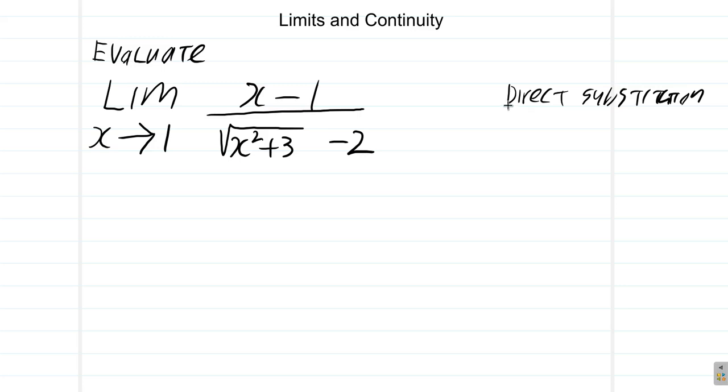Now, if that fails, we can look at any quadratic expressions that we could factorize then cancel. If that cannot work, there are other things we could do. We could divide both numerator and denominator by the highest power in the denominator.